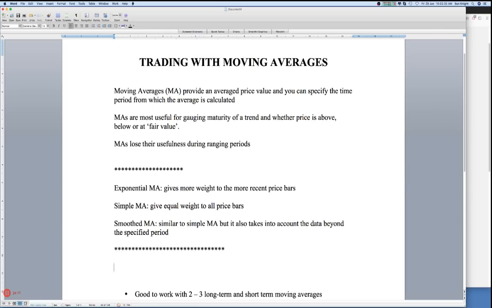So my personal method is 144 EMA long term, and 21 EMA high, as in apply to high in the settings, and 21 EMA apply to low.